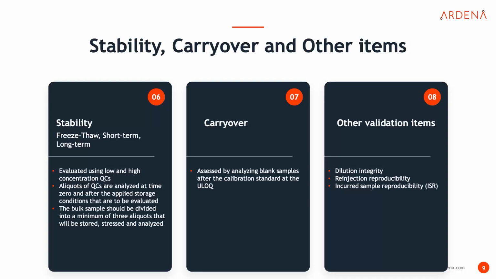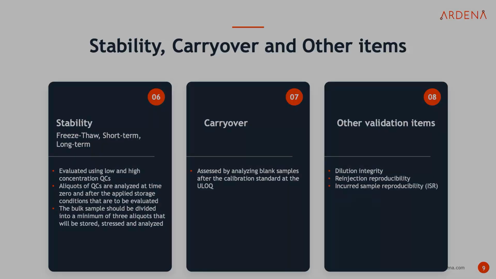What are these items doing in the validation? So all these items will be validated and should be evaluated, and that depends on the life cycle of the data, and that's what I'm explaining in the next slide.